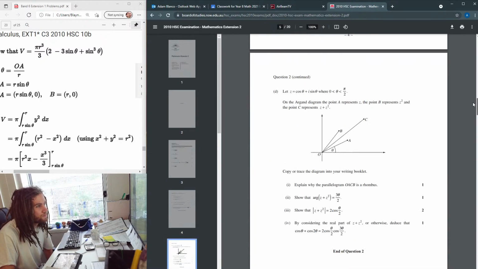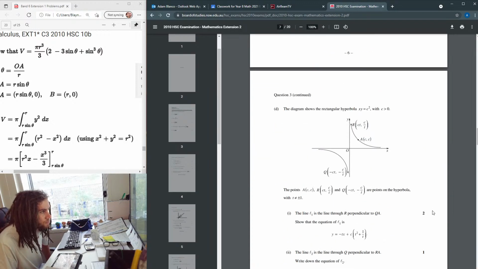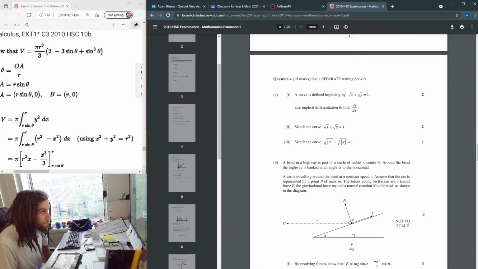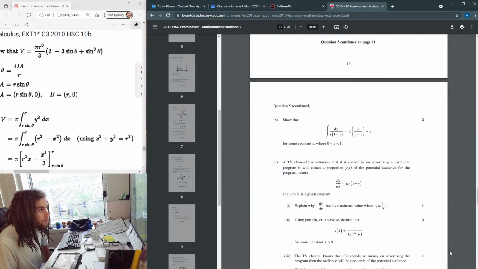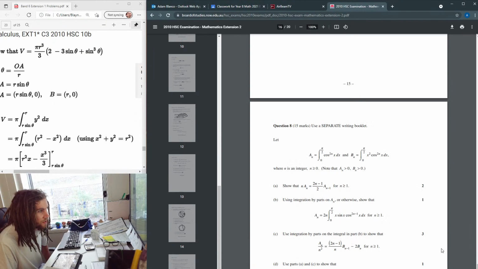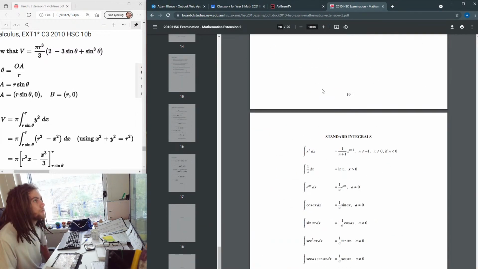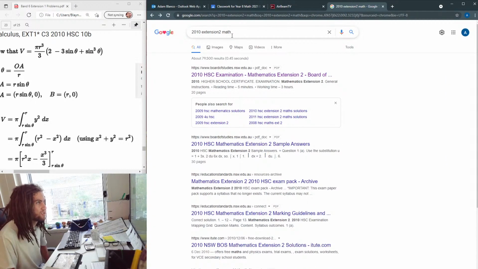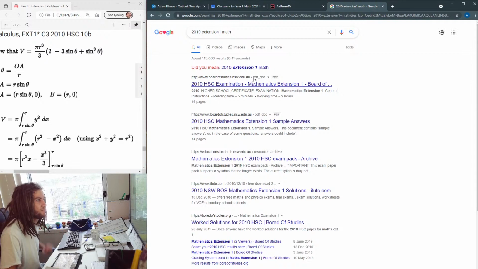I did not know that. Anyway. Does this even have 10 questions? No. It must have been extension 1 then. Can't have been advanced. That'd be ridiculous.